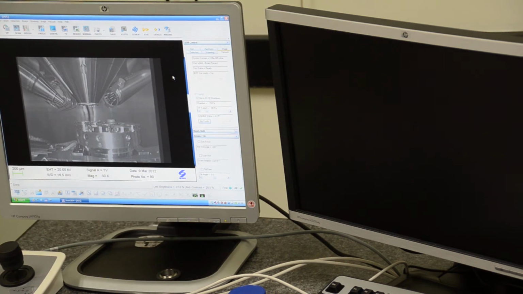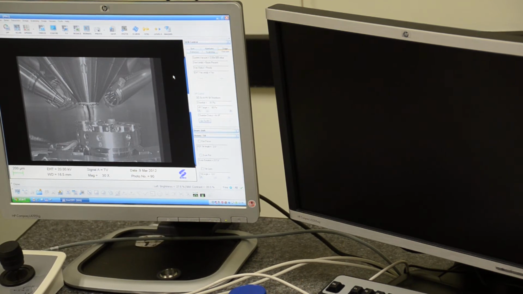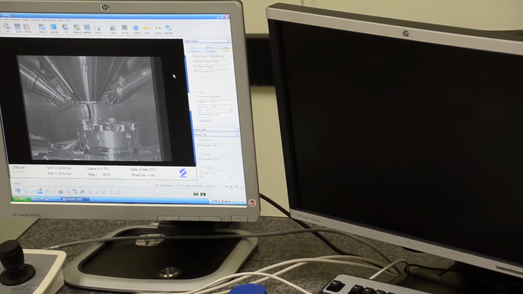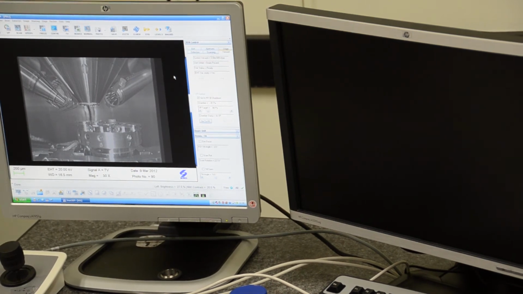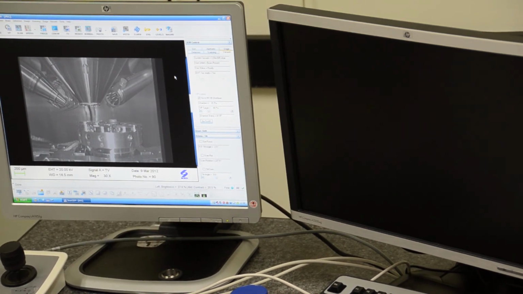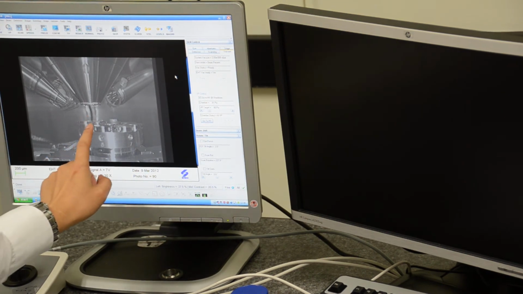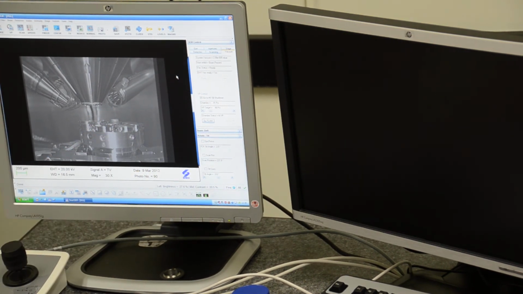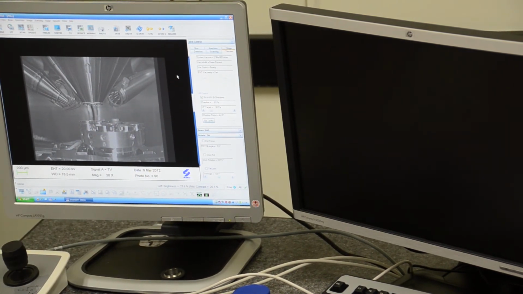Although it's called the SE detector, it actually does not detect the secondary electron. Rather, it actually detects the photon. When the SE signal interacts with these molecules, you will lose energy and you will come out with some photons. Those photons can then be detected by the variable pressure SE detector.